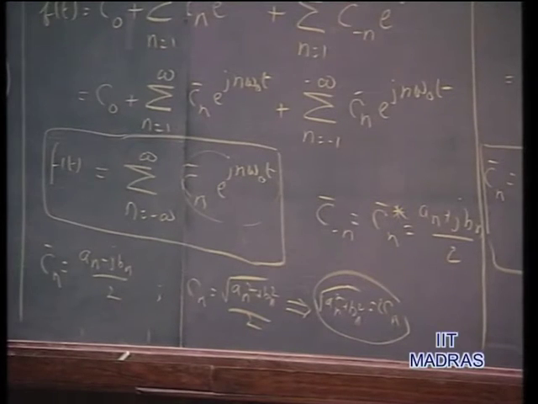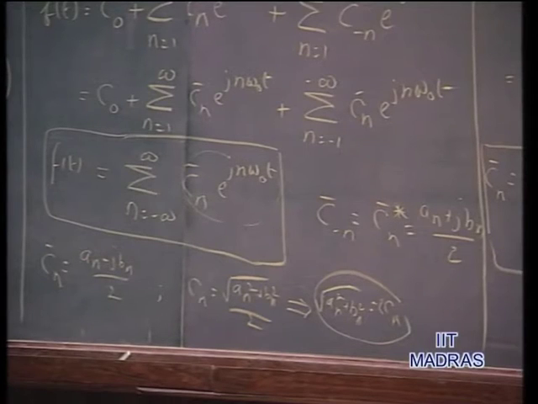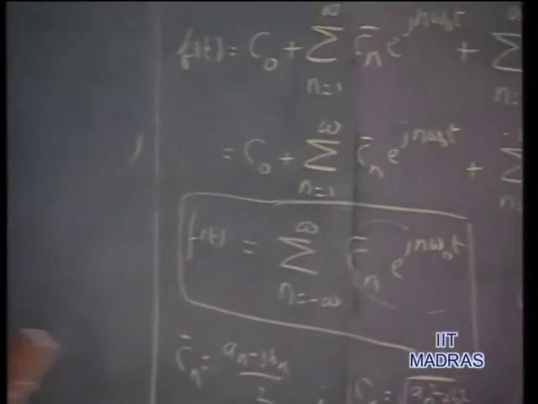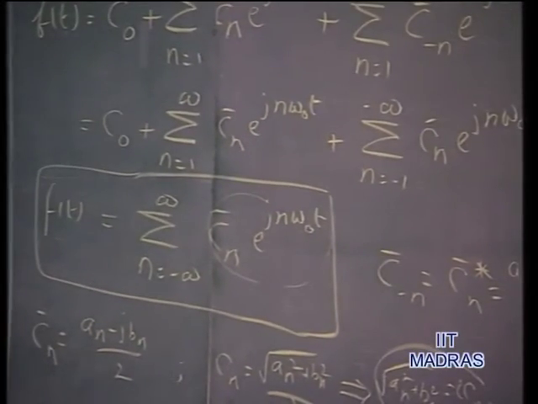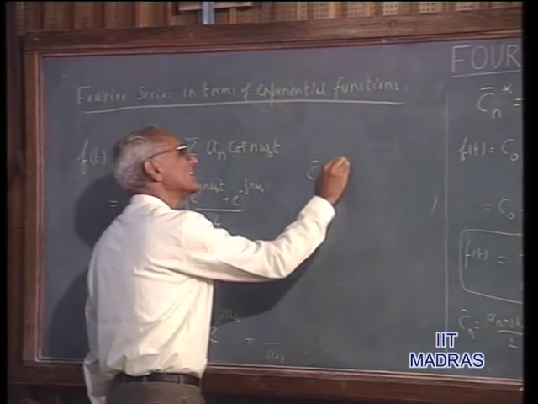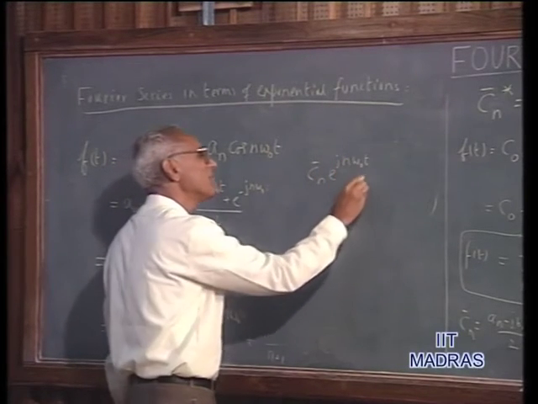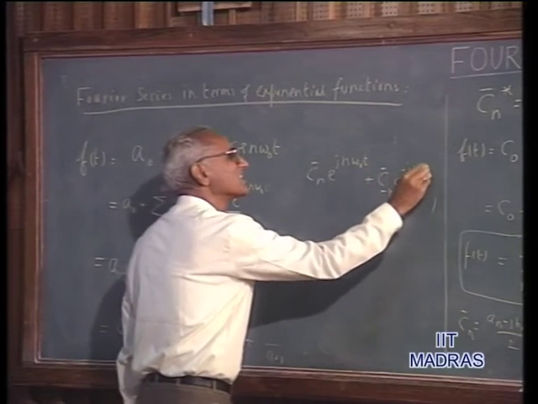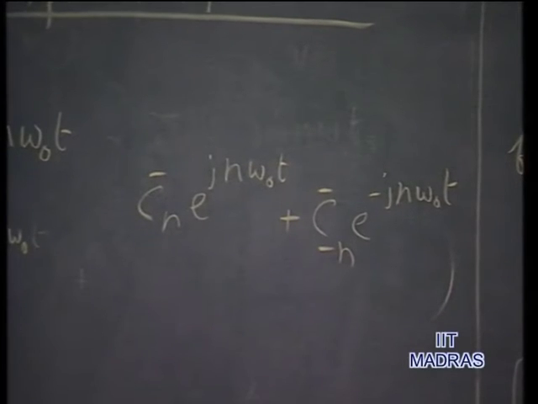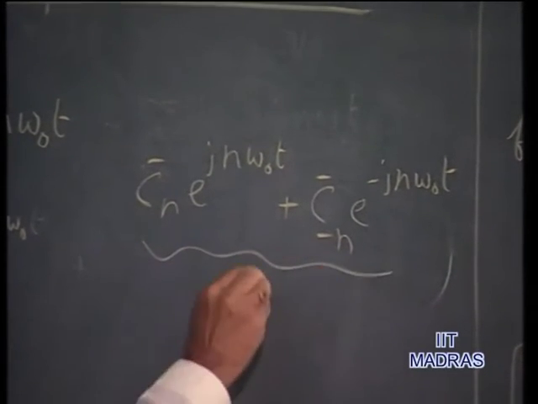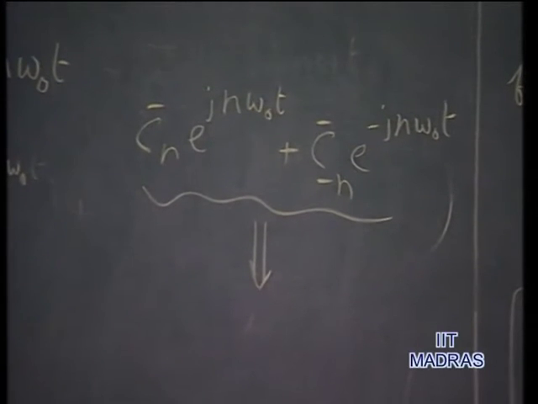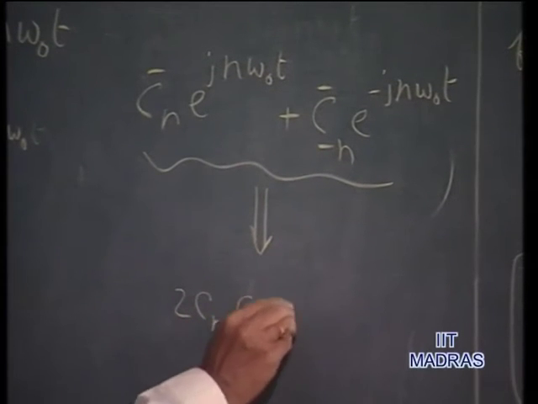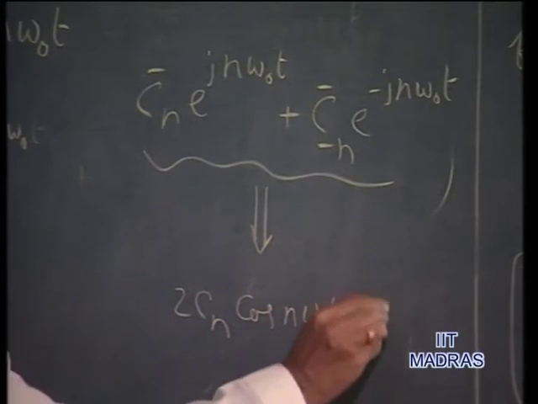However, we have to bear in mind that if you take Cn e to the power of j n omega naught t and combine this with C minus n e to the power of minus j n omega naught t, these two together will lead to a real function of time, a sinusoid, which will be 2|Cn| cos n omega naught t. This one.